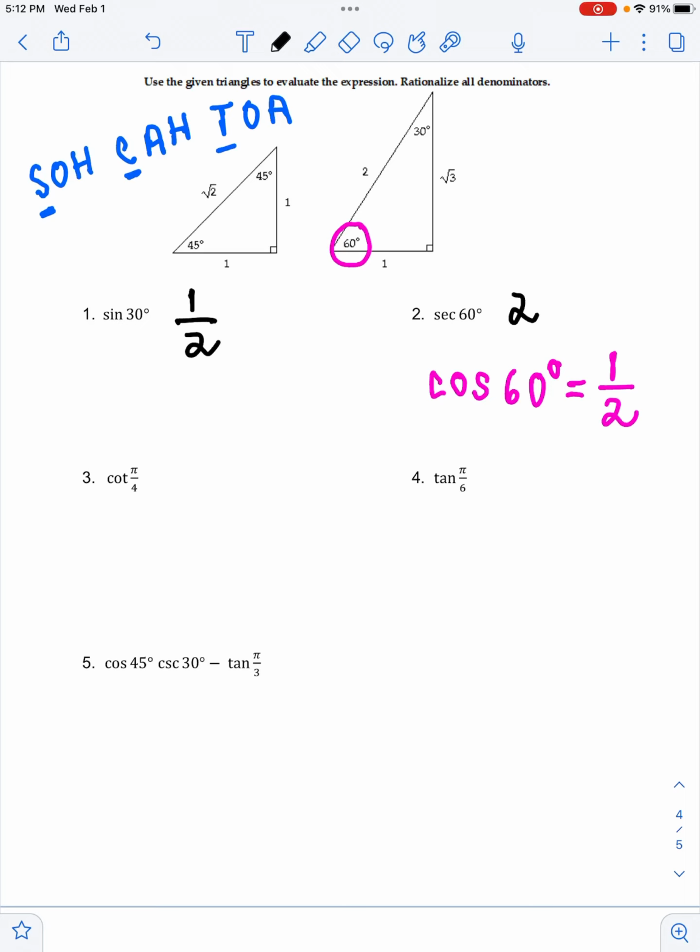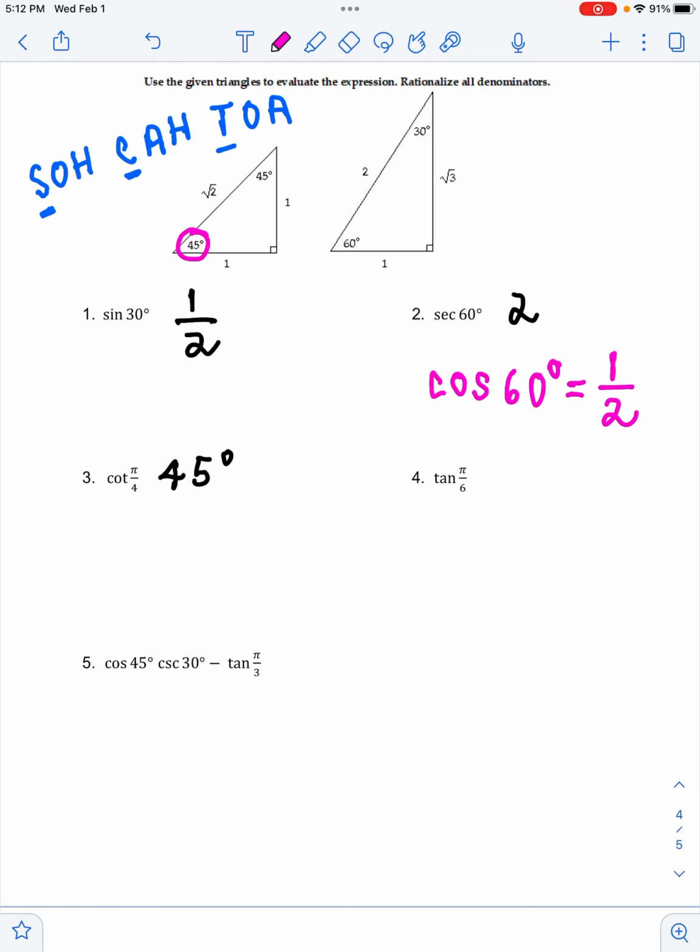Let's go down to cotangent. Cotangent of pi over 4 is really the cotangent of 45 degrees. Let me erase my angle there. The 45-degree angle is on the other triangle. Now, both acute angles are 45, so you can really look at either.